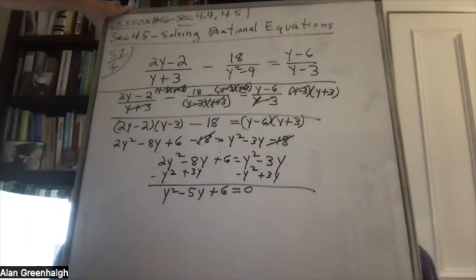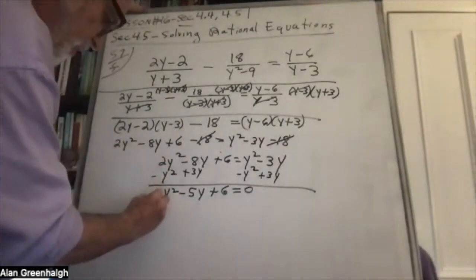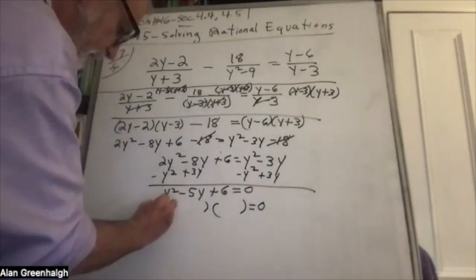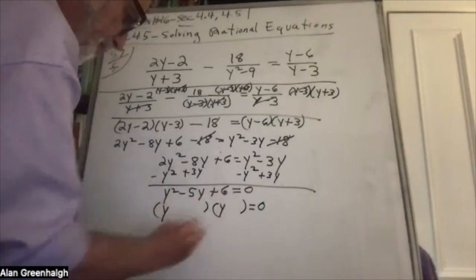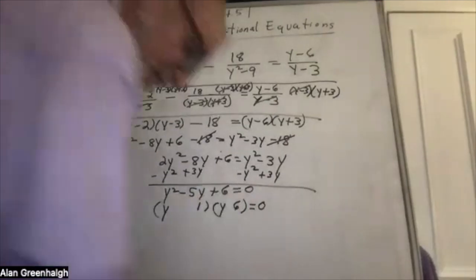Again, I'm just stopping to check my work, make sure that's just the way I want it. Okay, good. Now let's factor this. Remember, it will always be able to be factored. And that's a 6, that's a 1. Nope, that's not gonna work.